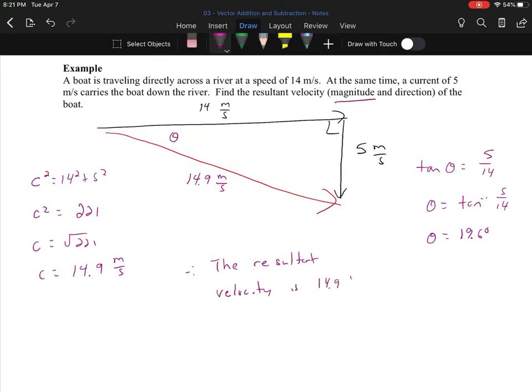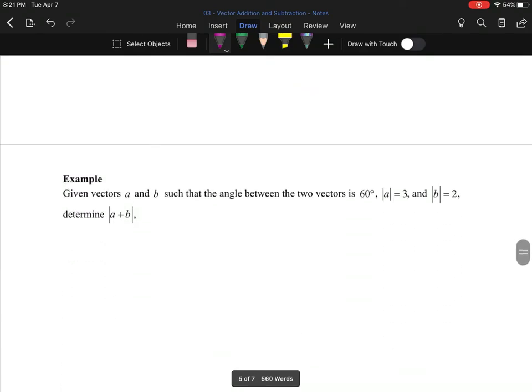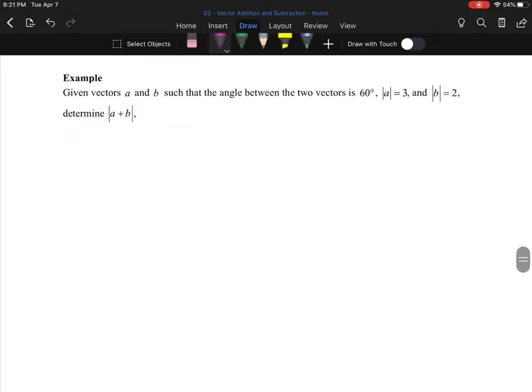So therefore, the resultant velocity is 14.9 meters per second, pulled 19.6 degrees off course. Now, for you physics people, you might be like, oh, well, it would be 19.6 degrees south of east or whatever. And yeah, we'll get to all that stuff. But for now, just to get the idea of how this will work in real world situations.